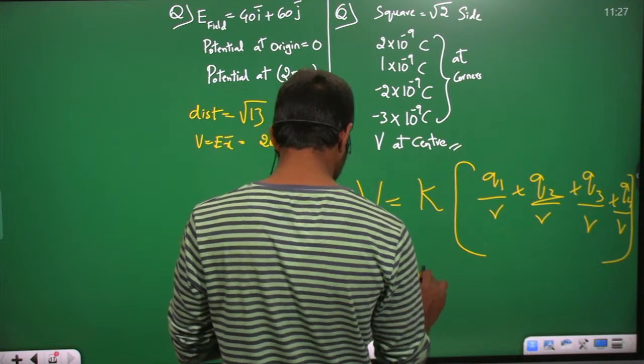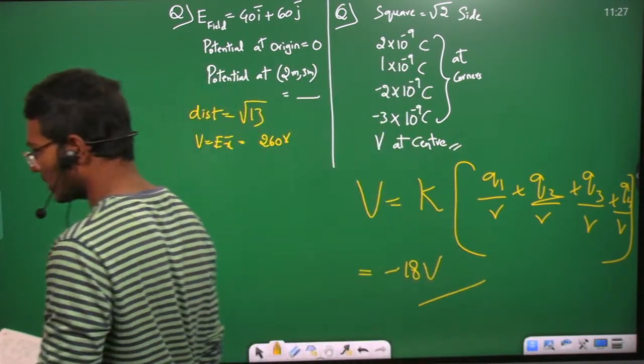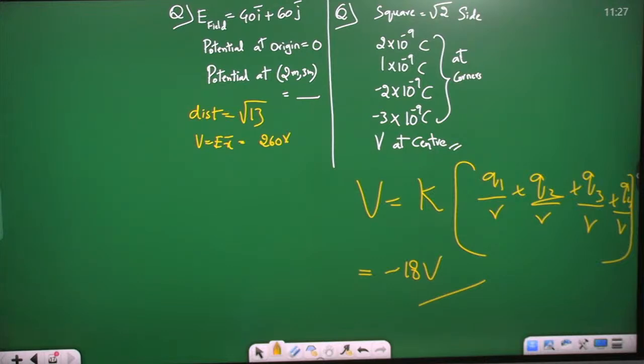There is nothing much logic involved, direct straight formula questions. Wrong answer, minus 18.